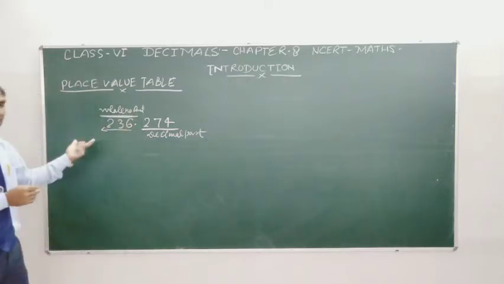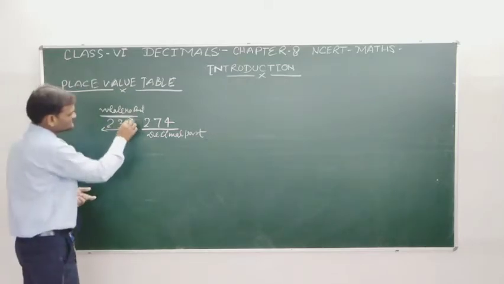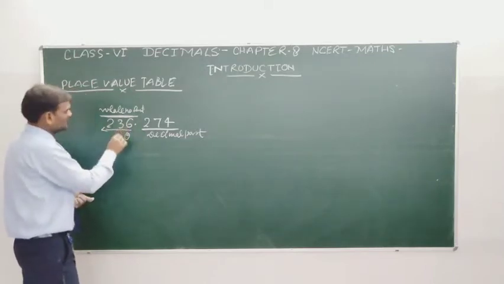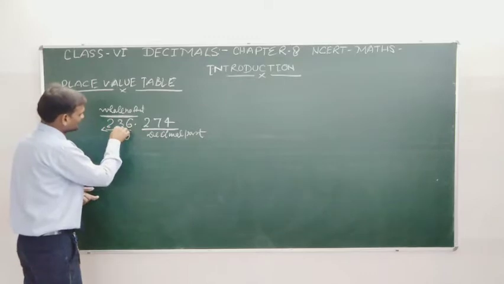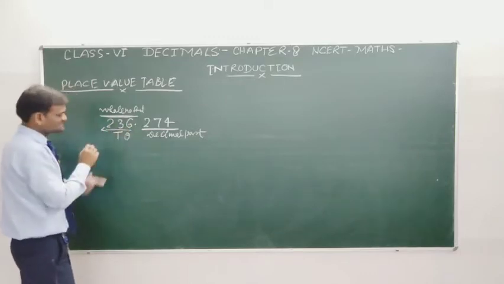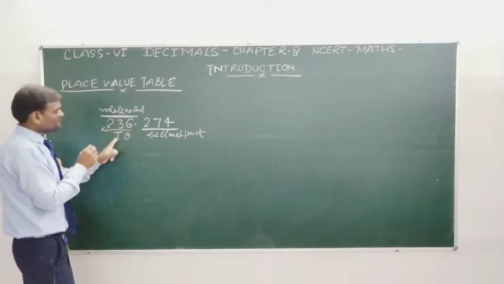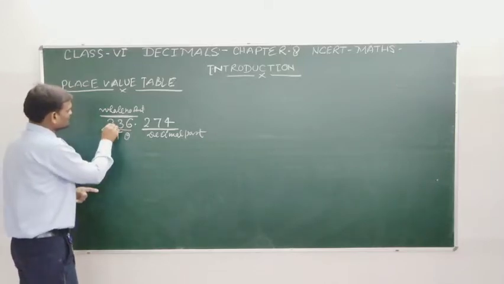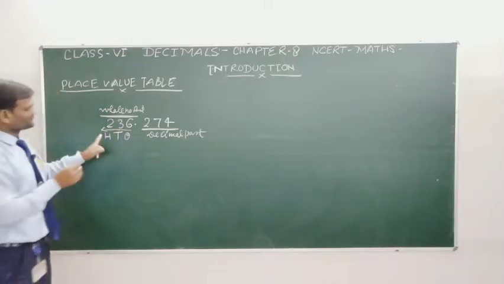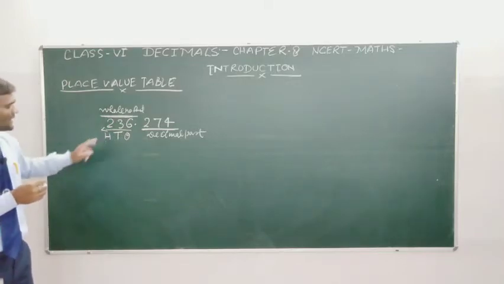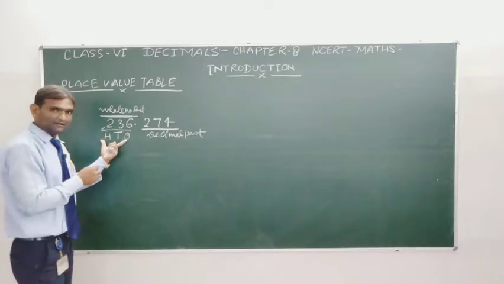It means 6 is in the ones place, O for ones, and 3 is in the tens place, T for tens, and 2 is in the hundreds place. You know this very well.